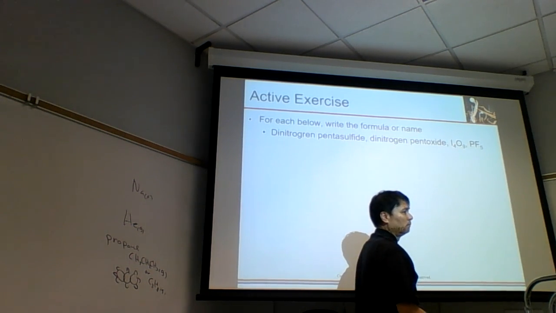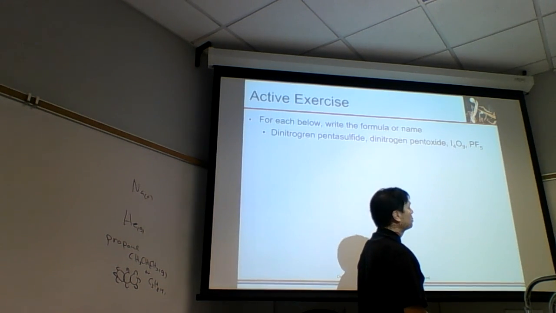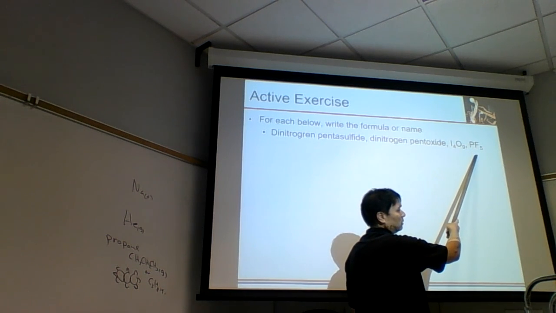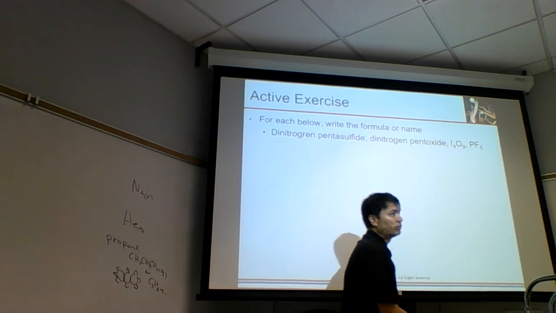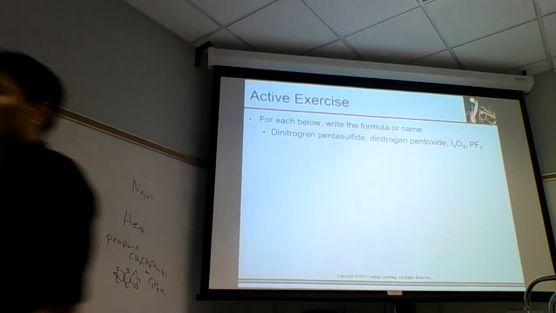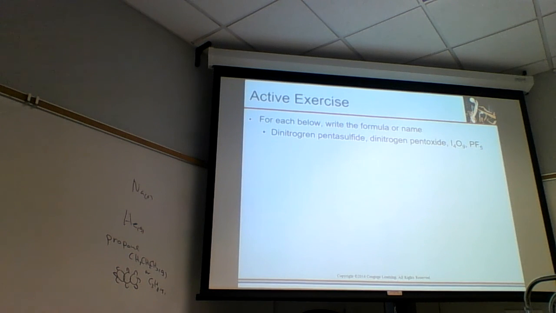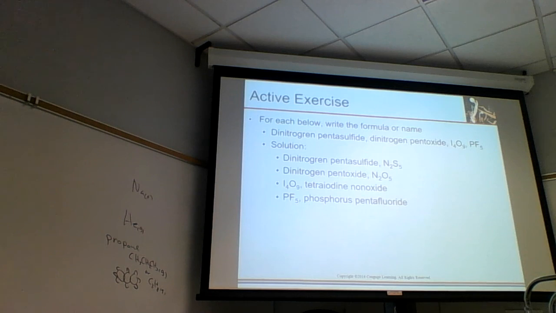Tetraiodine nonoxide. And PF5, phosphorus pentafluoride. So let's check your answers here. N2S5, N2O5, tetraiodine nonoxide, phosphorus pentafluoride.